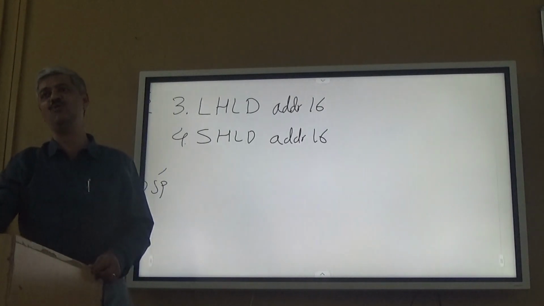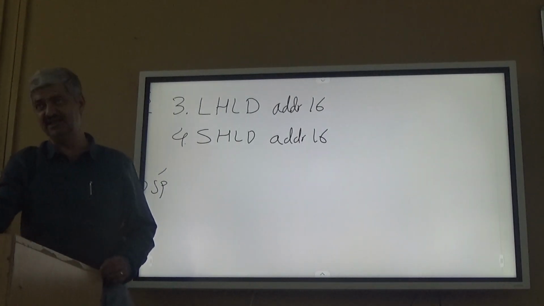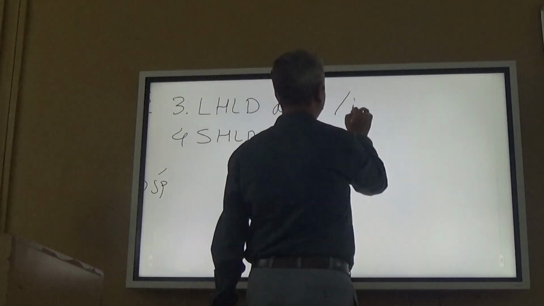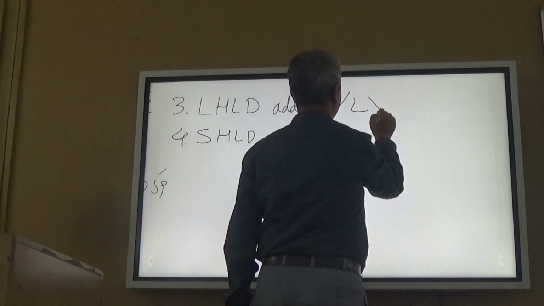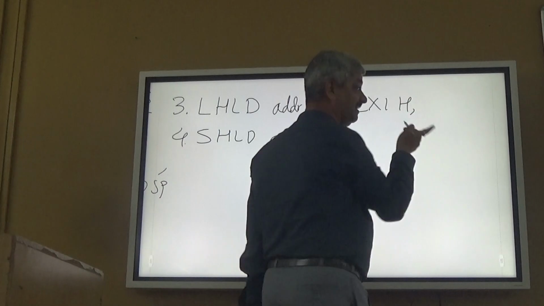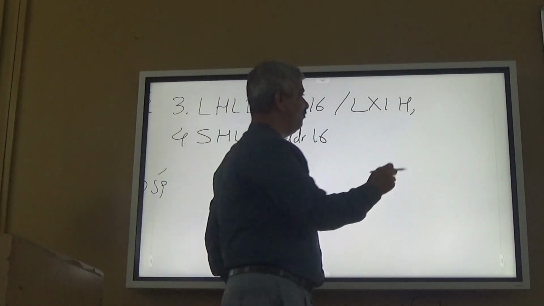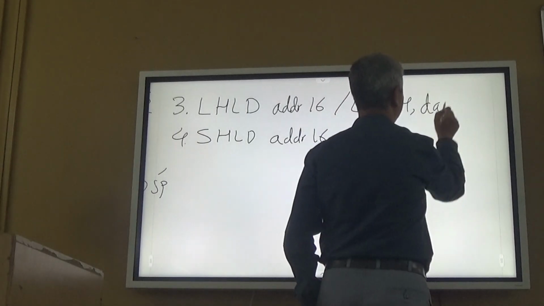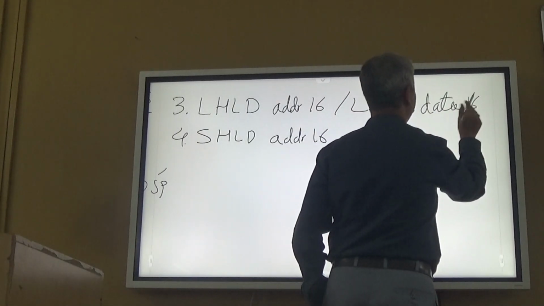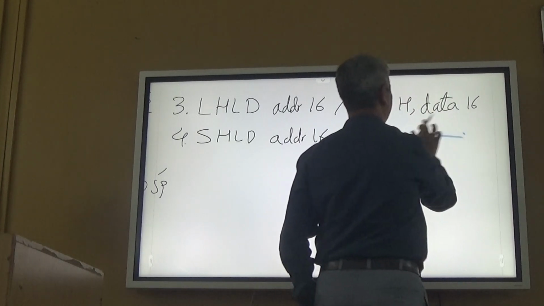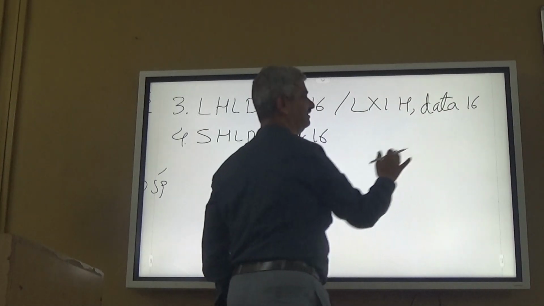When 8085 was at its peak three decades back, a typical question in oral examination was, there is one more instruction called LXI, LXI RP, out of that LXI H. What is the format? Data 16. And the examiners always used to ask, what is the difference between LXI and LHLD?